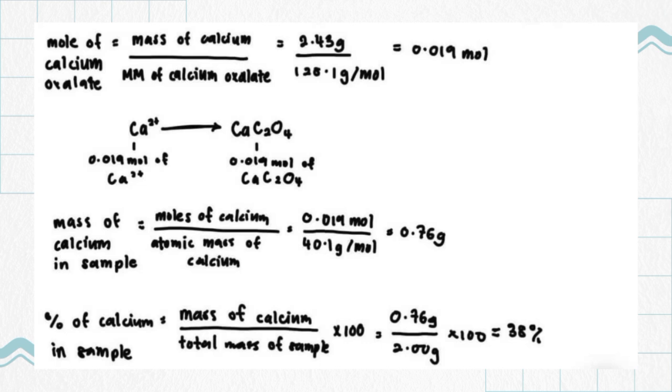Finally, the percentage by mass of calcium in the limestone sample is the mass of the calcium divided by the total mass of the sample, multiplied by 100. So, 0.76 gram over 2.00 gram times 100, which equals 38%. Therefore, the percentage of calcium in the limestone sample is 38%.